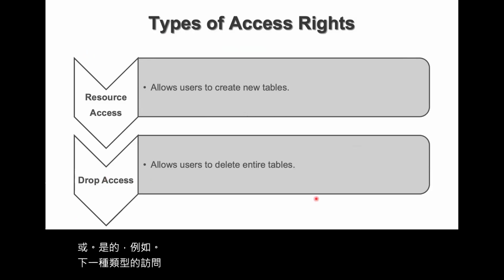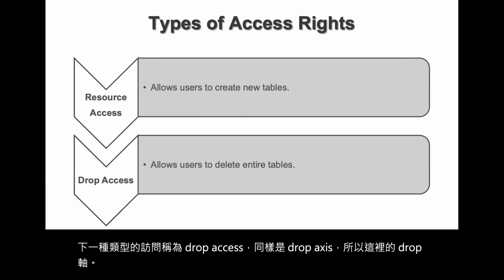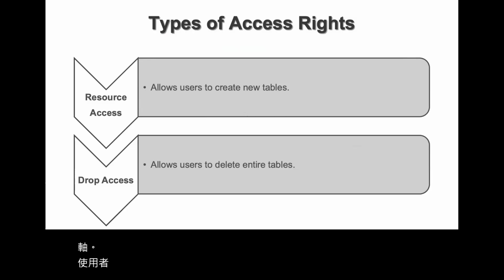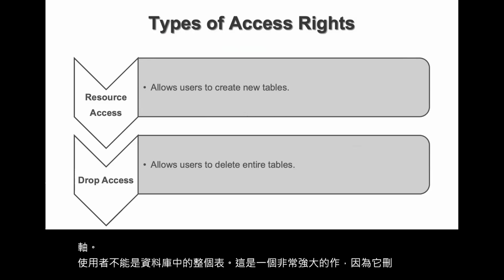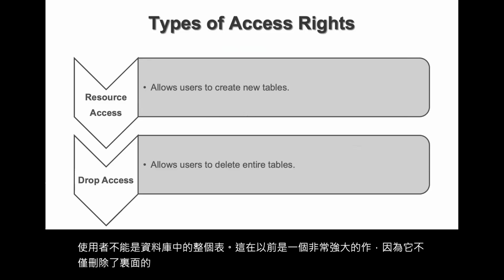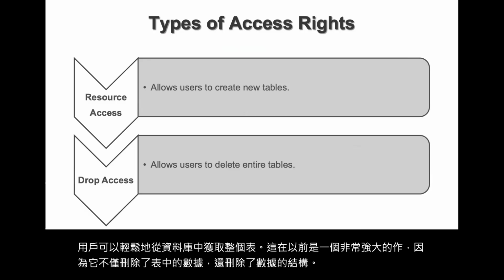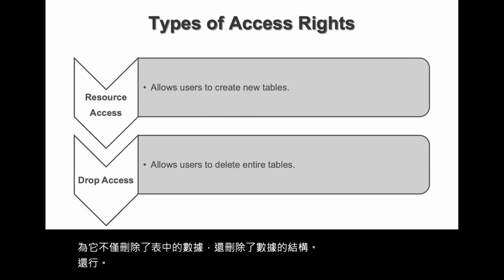And the next type of access is called the drop access. So with the drop access, the users can delete the entire tables from the database. This is a very powerful action because it removes not just the data inside the tables, but also the structures of the data. And usually the admin will do this kind of access.